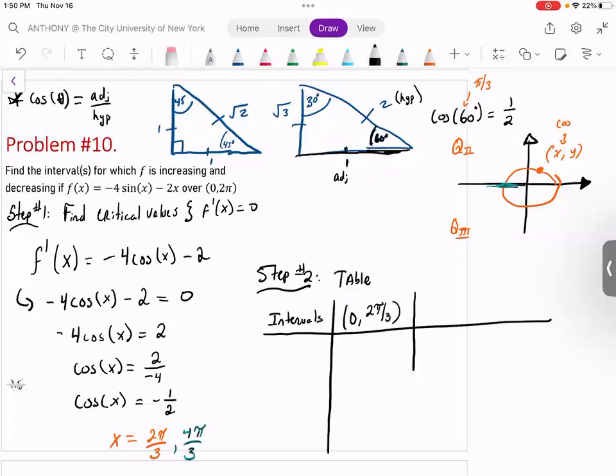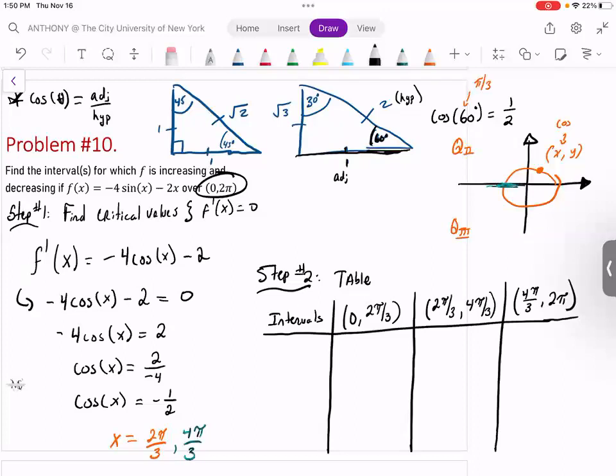The second one should be from 2 pi over 3 to 4 pi over 3. And the last one should be 4 pi over 3 to 2 pi. Right? We're splitting the original interval into now 3 intervals.